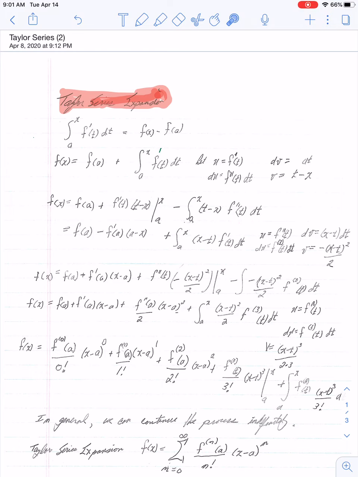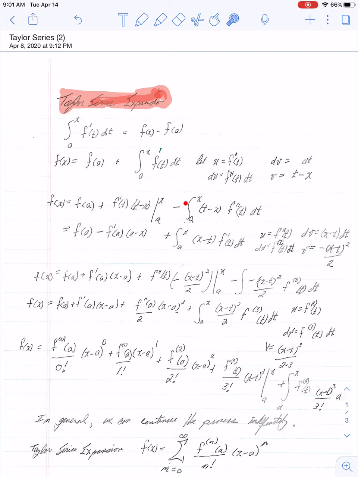Now, when I plug in x here, the upper bound, I get what? x minus x, that's 0, that goes away. When I plug in a, well, since it's the lower bound, I have a minus here, and I get a minus x. So I get, when I plug in these values, because this is a definite integral, this is what I get. What's left is this thing.